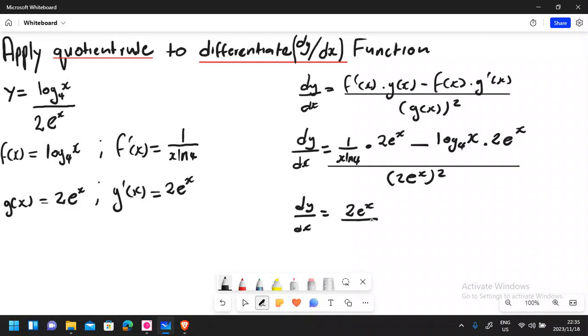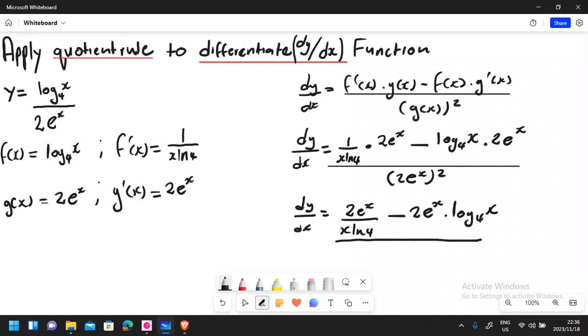2e to the power of x over x natural log 4, minus, let me just write it like this, 2 multiplied by e to the power of x multiplied by log base 4 of x.